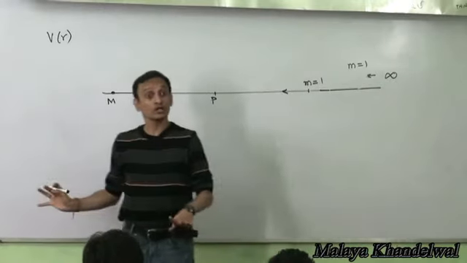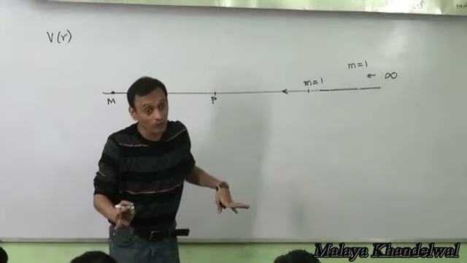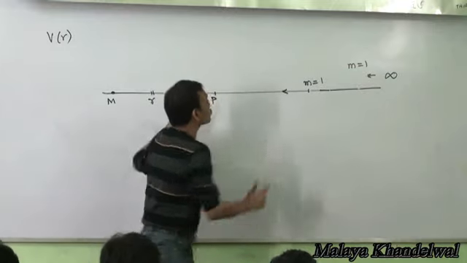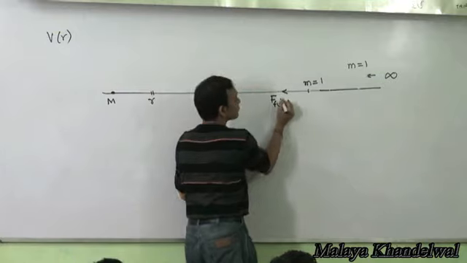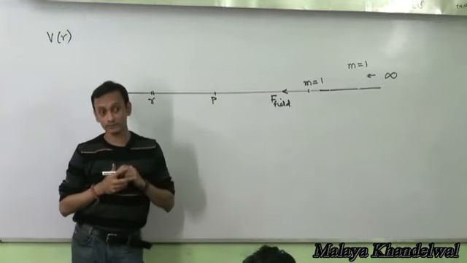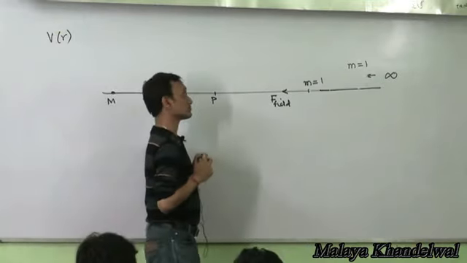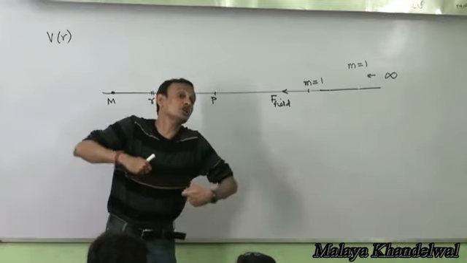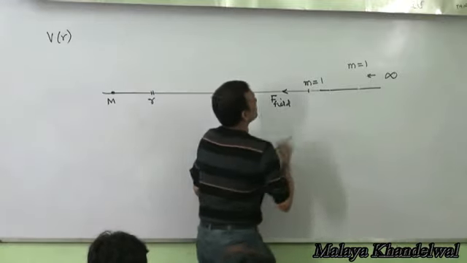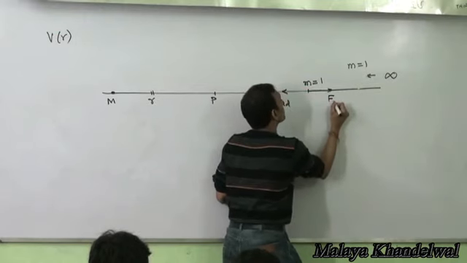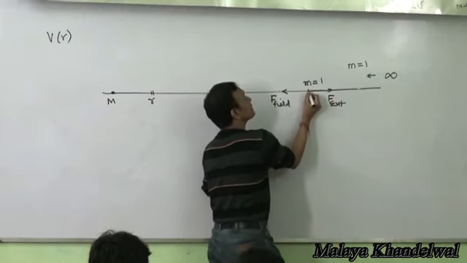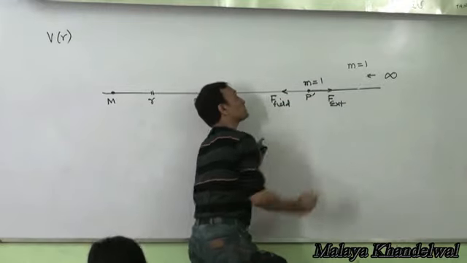Experiences a force leftwards because of the field, yes or no? Attractive force, so this is the force because of the field, whereas the external agent must apply a force rightwards. The external agent must apply a force rightwards at this intermediate point P prime.